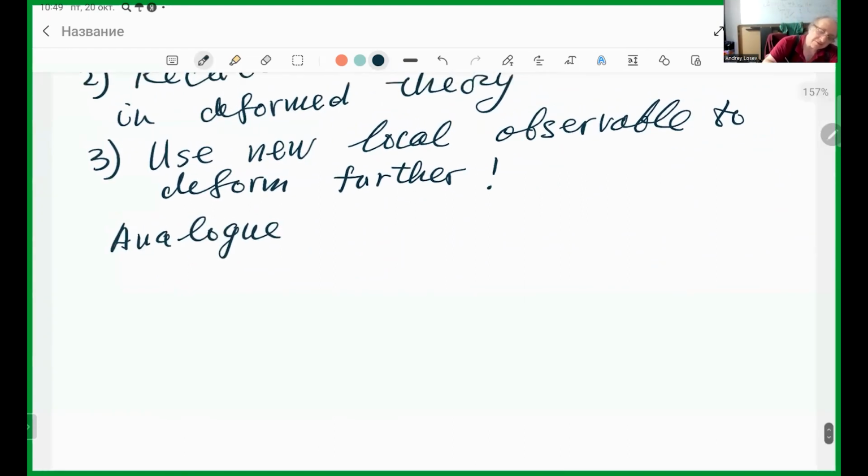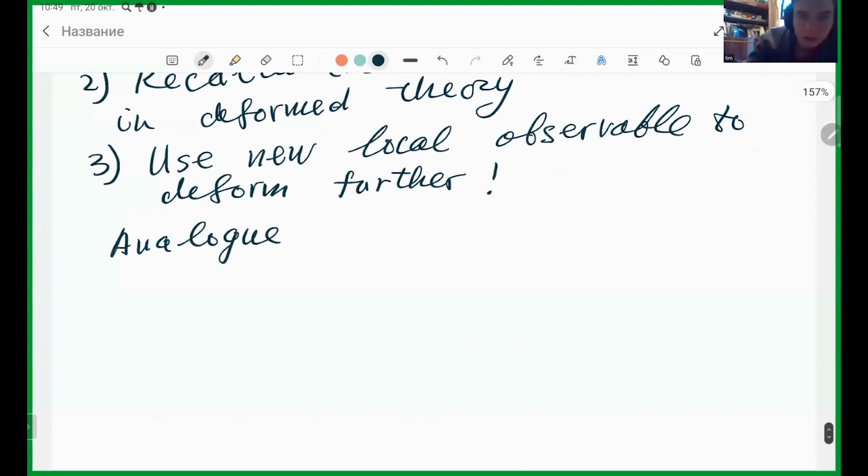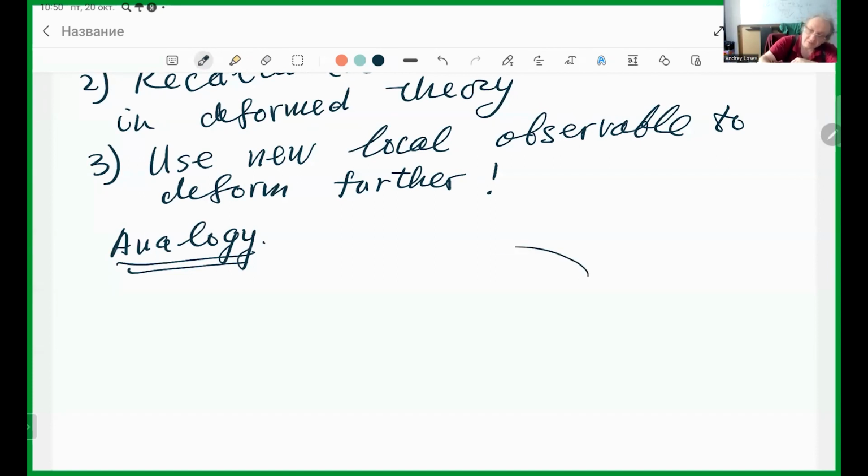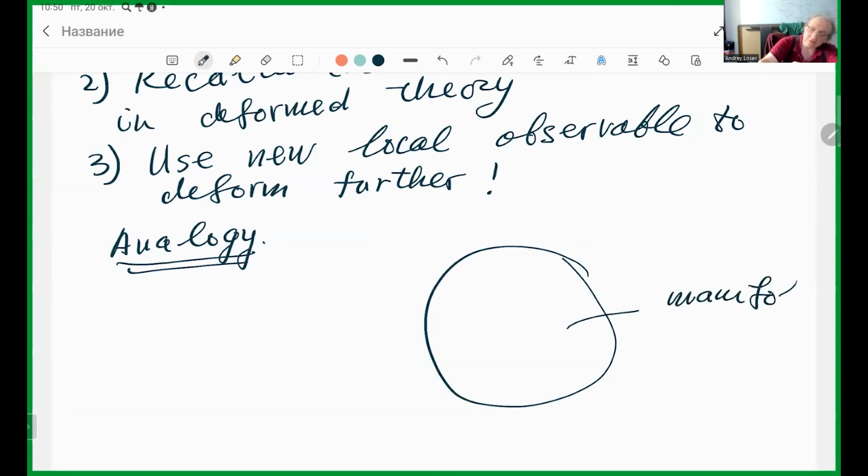Analogy. There's a question in chat about the meaning of lambda 2. Is it just our deformation parameter? Yes. So analogy. Suppose we have a manifold, and we have a point, x naught.